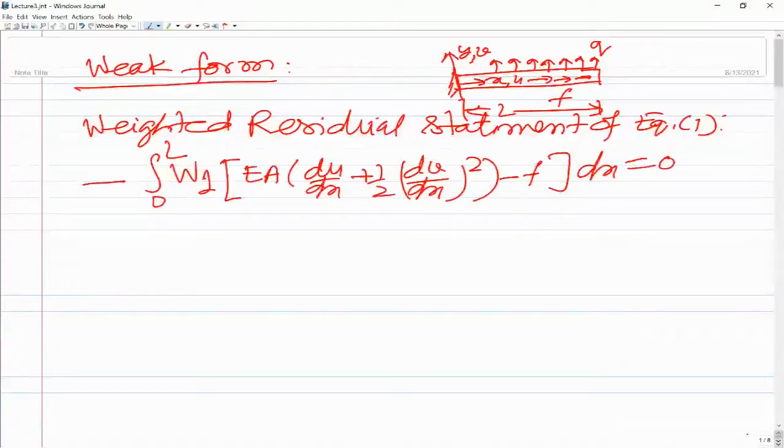This is going to be the weighted residual statement for equation 1. I missed this d by dx over here, so we have d by dx of this term.